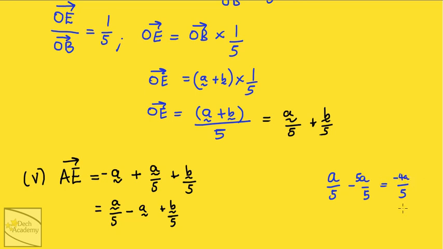So that's minus 4A over 5. And that's what I have here. A over 5 minus A is minus 4A over 5, plus B over 5. And this can be bunched up to give minus 4A plus B over 5.